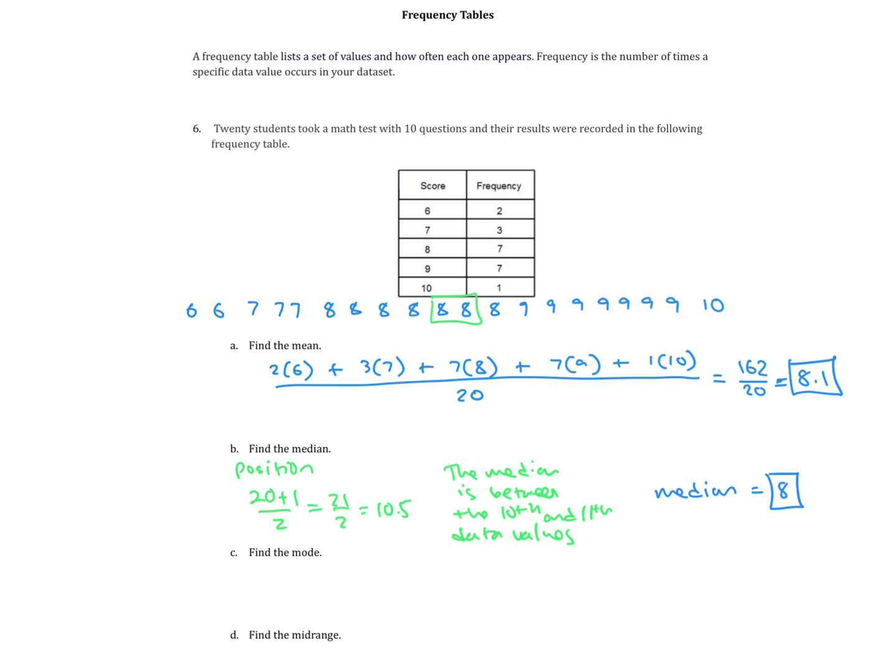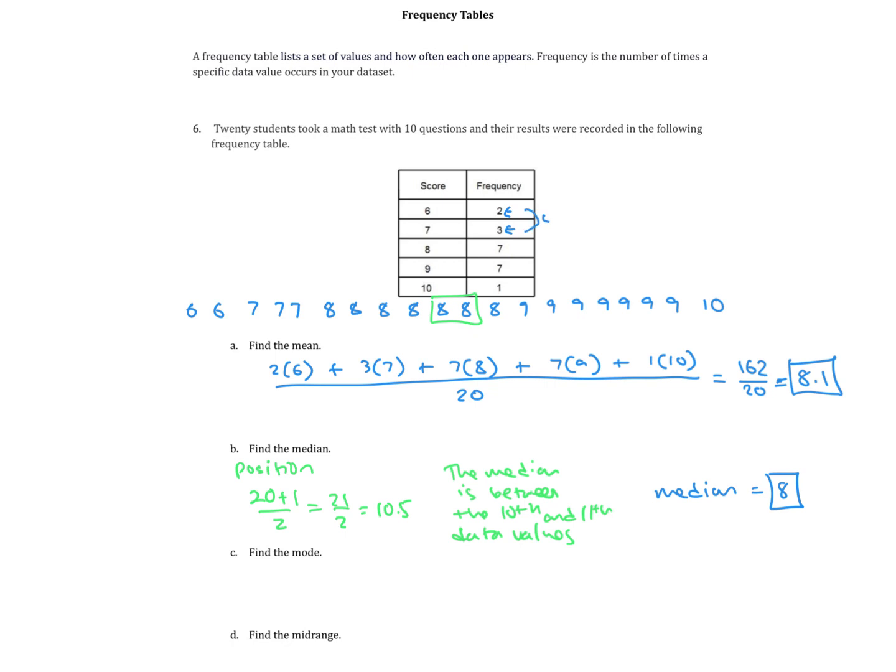Now, using the position, I also could have, if I didn't want to list out my numbers or if my frequencies were really high, I can use the frequency table to find the 10th and 11th data values and where they would fall, what numbers they would be. So I know that my first 2 numbers are 6s. Then my next 3 numbers are 7s.